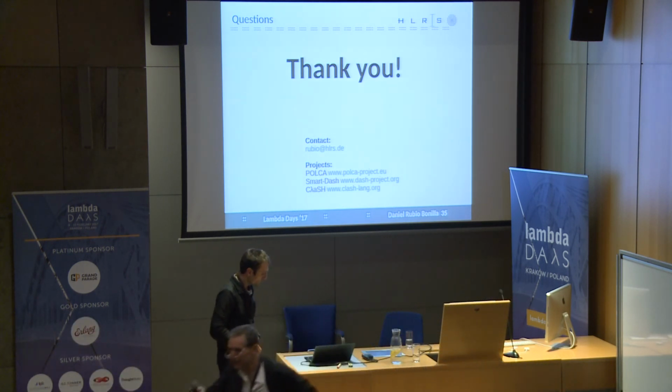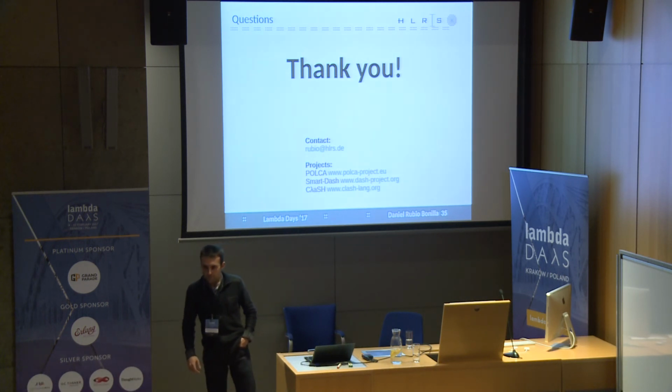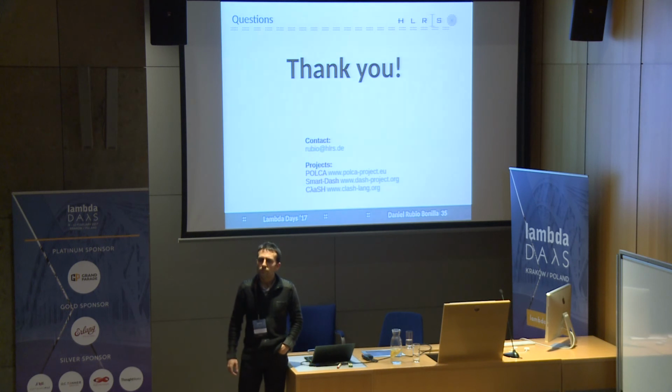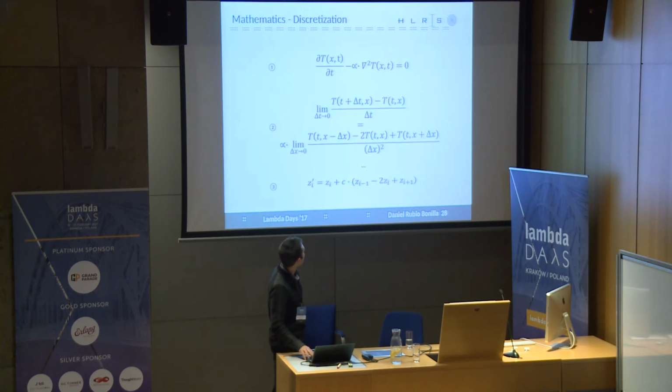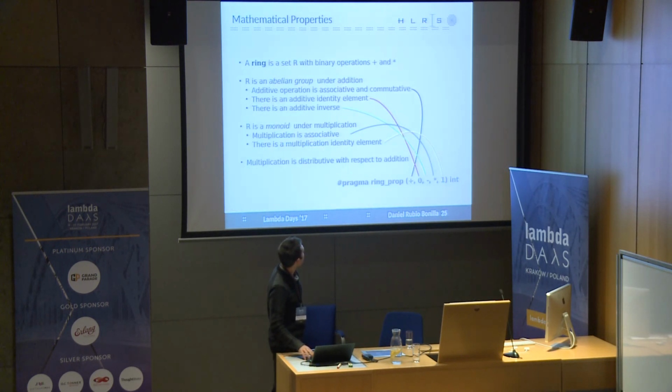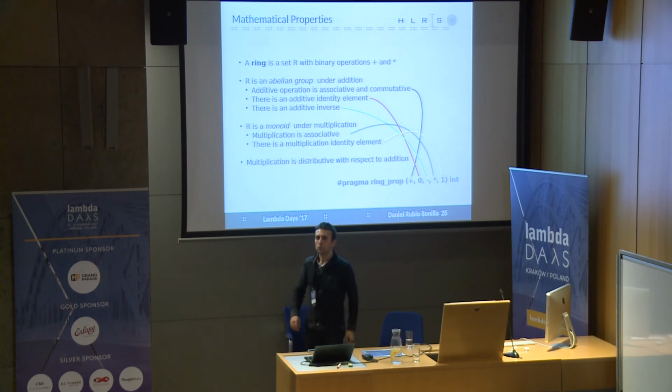One question, one comment. The question: if you say pragma ring something, you just promise to the compiler that the structure behind this behaves like a ring, yeah? Yes. So it can assume some things. And that is applied to this data type, which could be a custom data type by the user.